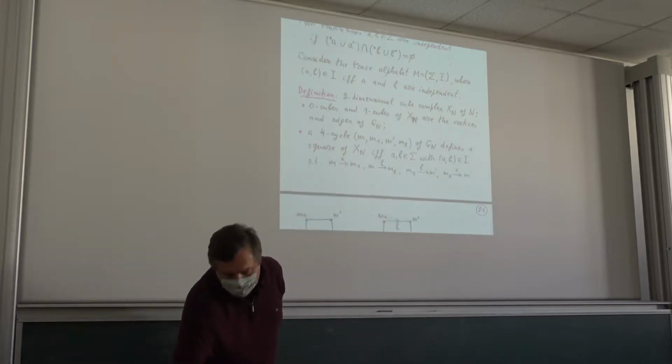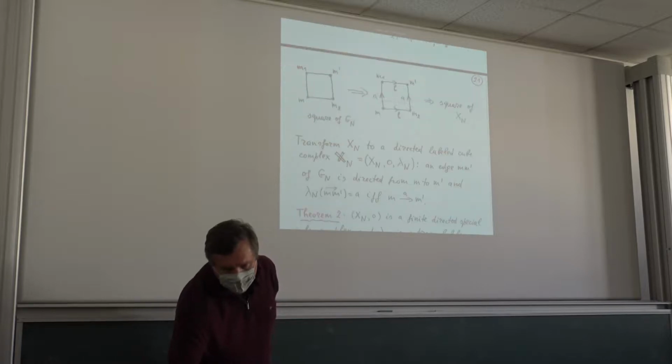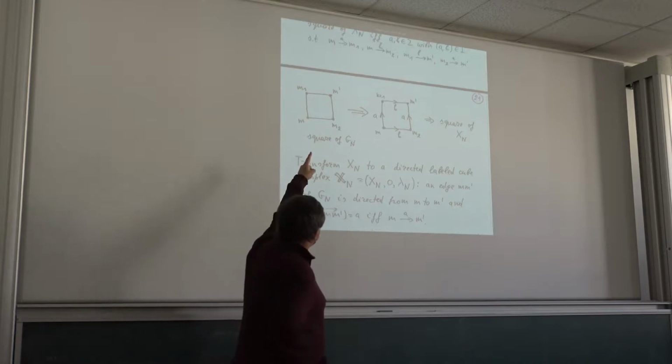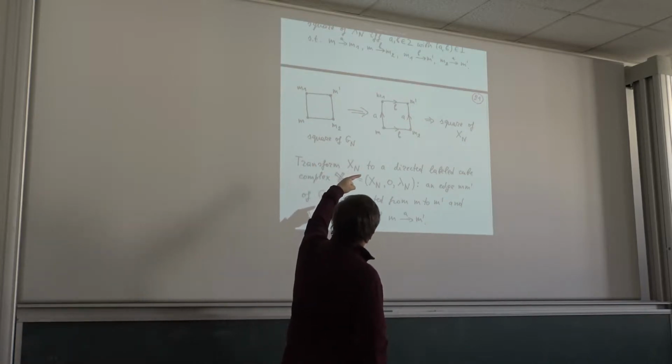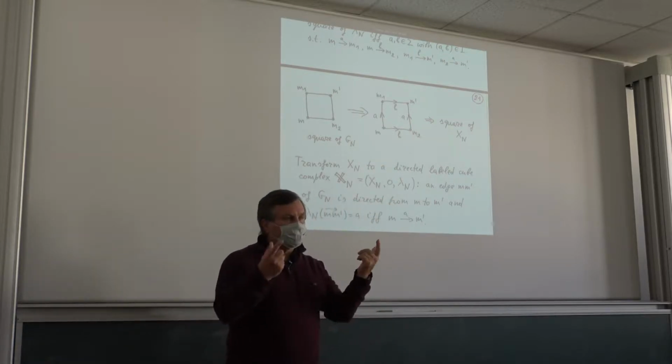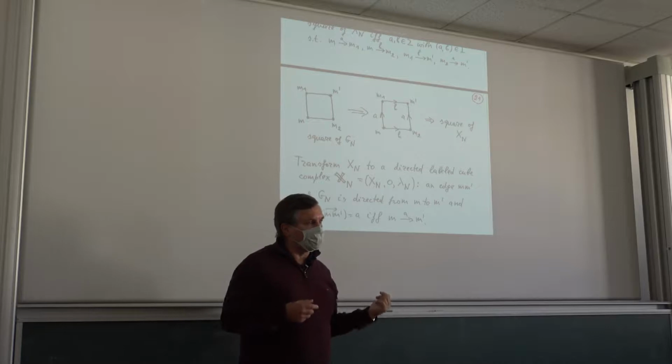The picture is like this. You put a square in the complex if and only if the arcs are labeled AB, AB, and the pair AB is in the independence relation defined by the Petri net.